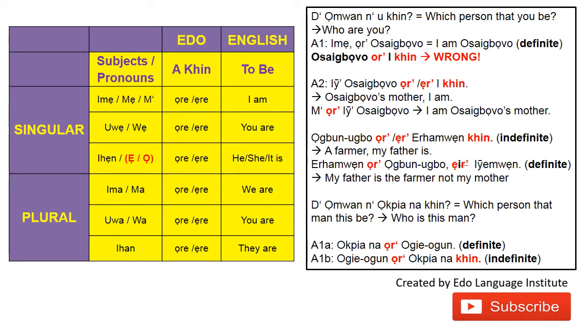So Obiana or Ogyogun is definite because they're saying this man is the blacksmith. That tells us that your interlocutor, the person you're talking to, already has certain information about this blacksmith. Probably you were talking about the blacksmith before, so you can say this man is the blacksmith that I was talking about.